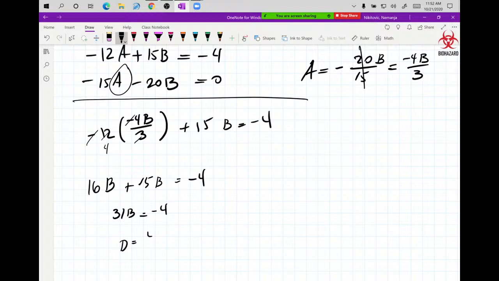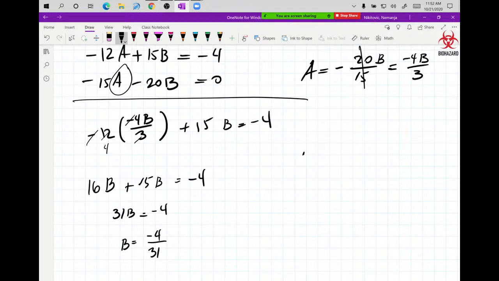And b is equal to negative 4 over 31. Why is this d now? It's supposed to be b.